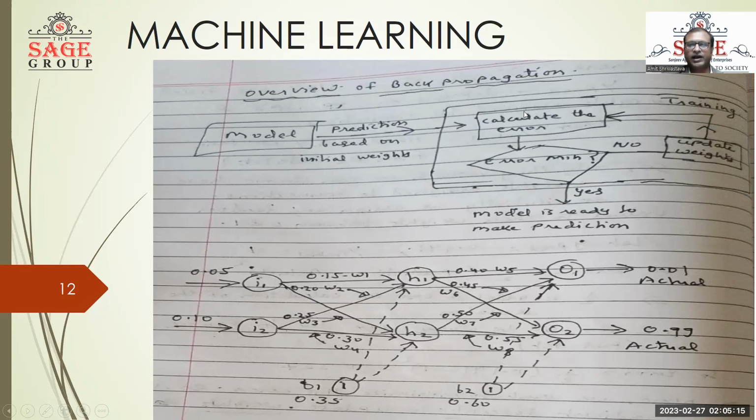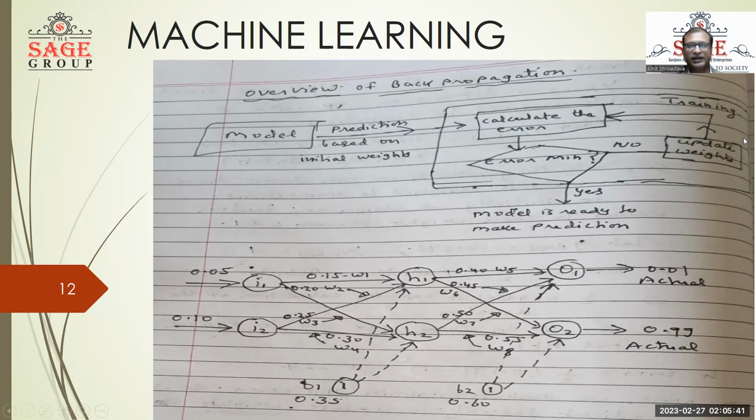Now we will calculate the error. Has the error reached the minimum level as per our requirement? If yes, then my model is ready for future prediction. If no, then we need to update the weights, because the only changeable thing in this neural network is the interconnection weights, as we have already seen. And how are we going to update the weights? By using the gradient descent principle, which I have just discussed.